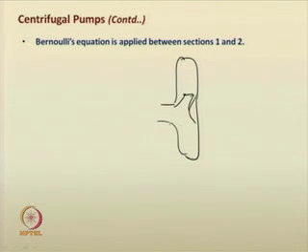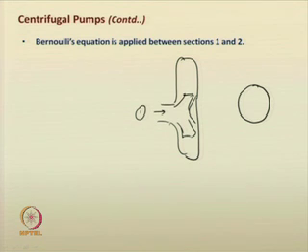For better clarification, let us consider this as section 1, and section 2 will look more like this. You can have a circular disc having the impeller blades.